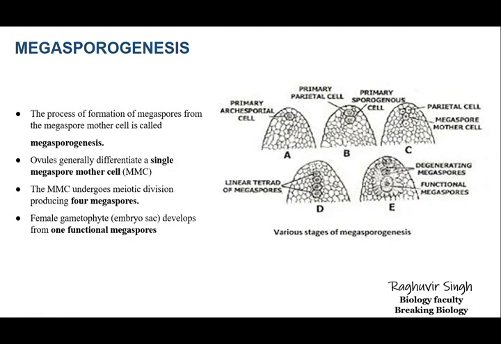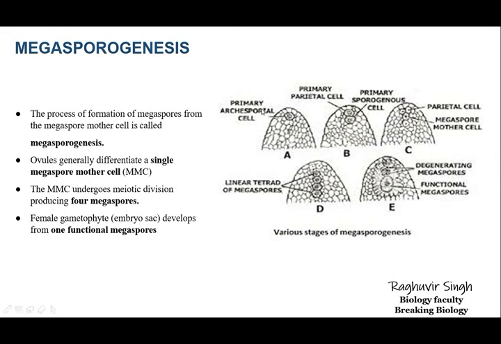Now coming to the megasporogenesis, that is the formation of the female spore. The process of formation of megaspore from the megaspore mother cell by meiotic division is called megasporogenesis. During the development of the ovule, in the beginning, the nucellus consists of undifferentiated cells. There is no embryo sac till now, and a random single cell increases in size and forms the archesporial cell.